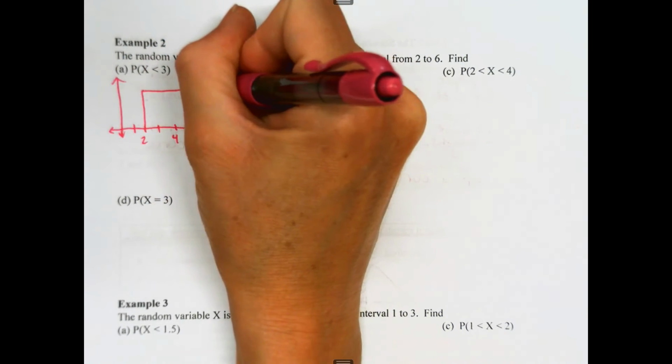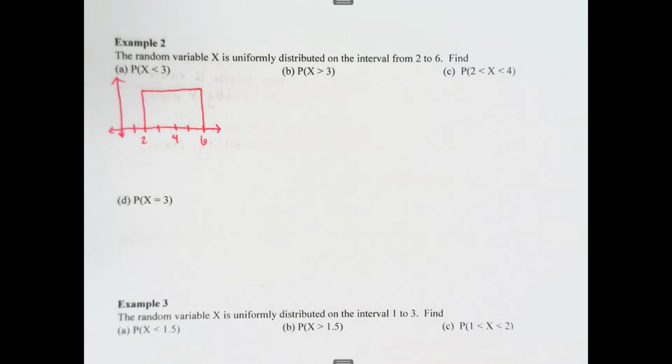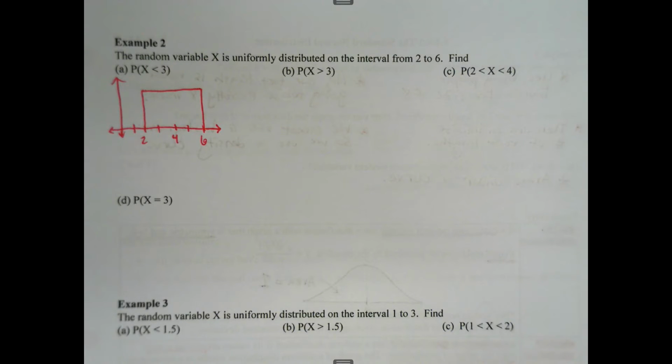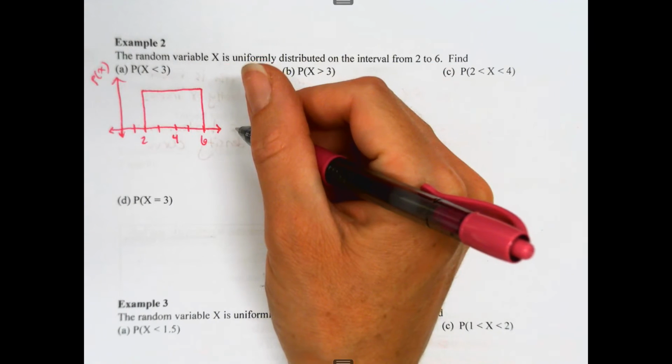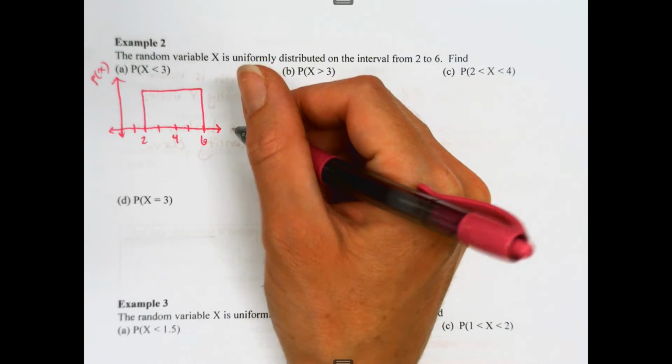So essentially, we have a rectangle where our y-axis represents our probability of x, and our x-axis represents just our interval.